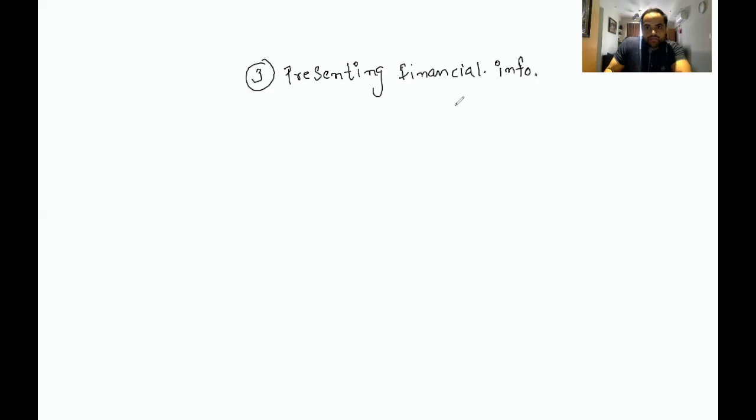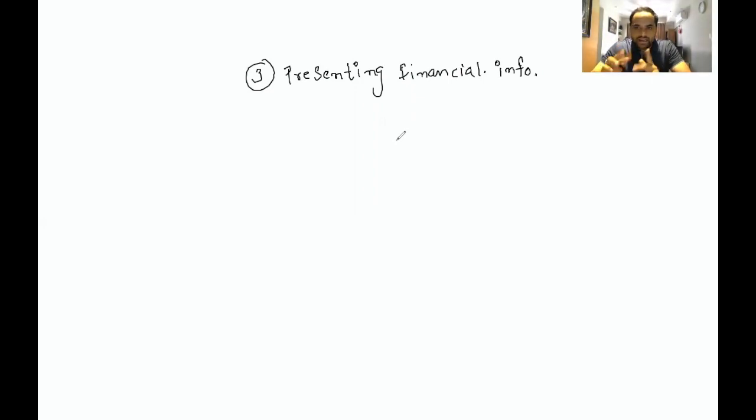Okay, so now we move on to the third session or third part of your learning outcome one. If you look at your guideline, the third one is presenting financial information.